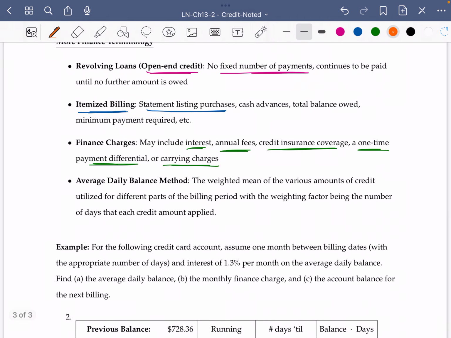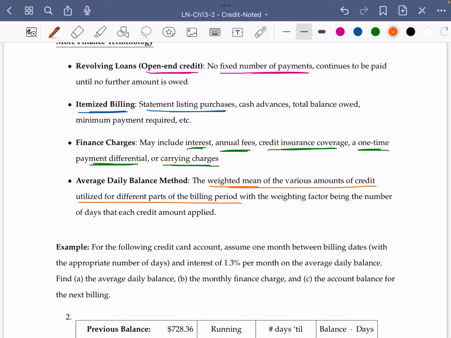And then the other term that we will use explicitly in our course is the average daily balance method. This is a weighted mean of various amounts of credit utilized for different parts of the billing period. If I bought a meal at a restaurant just 2 days before the end of the billing cycle, I didn't borrow that amount for the whole 30 days.